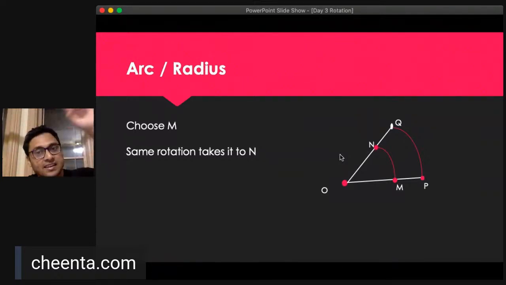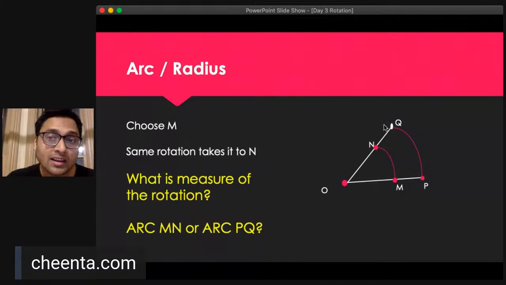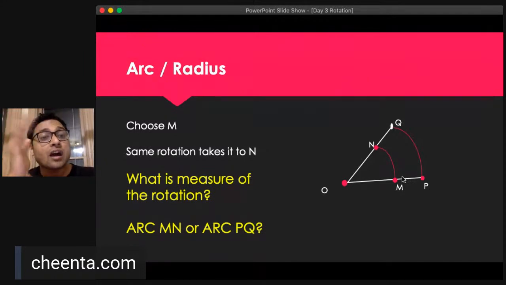So MN is the new arc. Now if the length of the arc is the quantity of rotation, then the same rotation will have two different values, one for the PQ arc length, one for the MN arc length. In fact, if you take any other point in between, they will give you different arc lengths. So just telling the length of the arc is not sufficient.